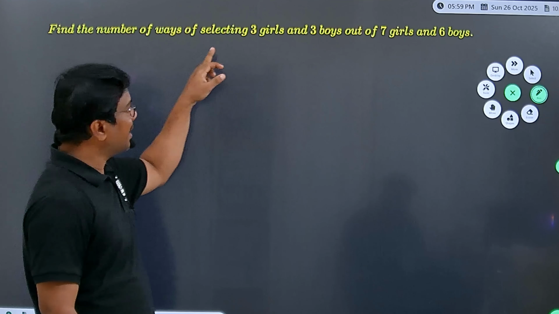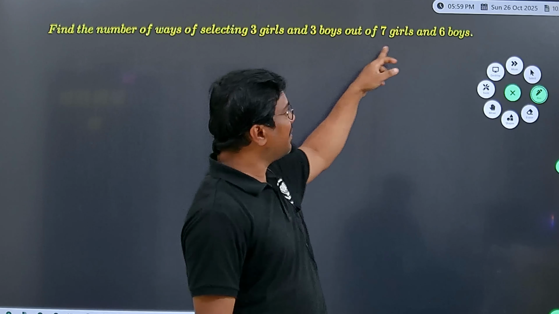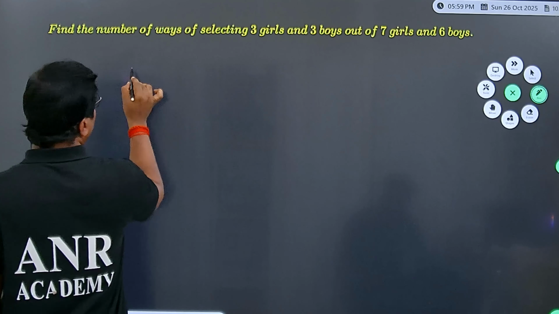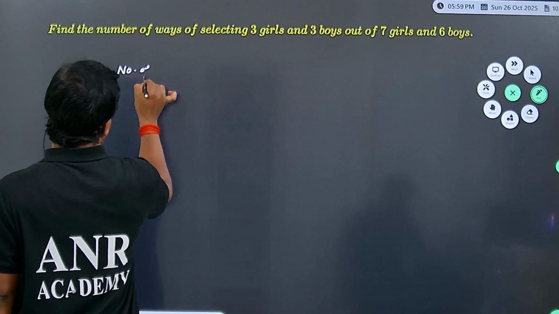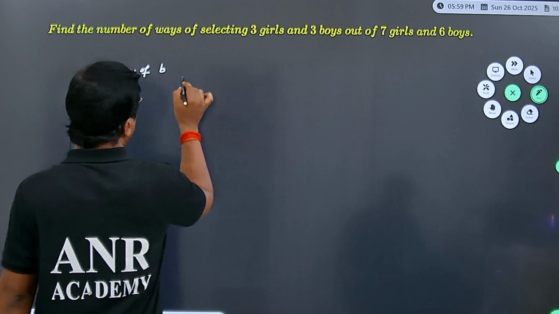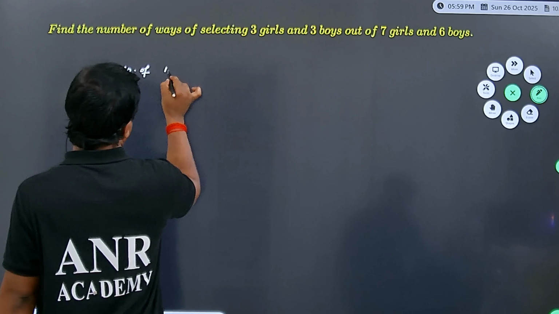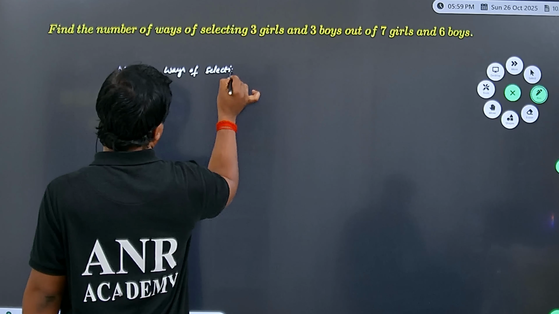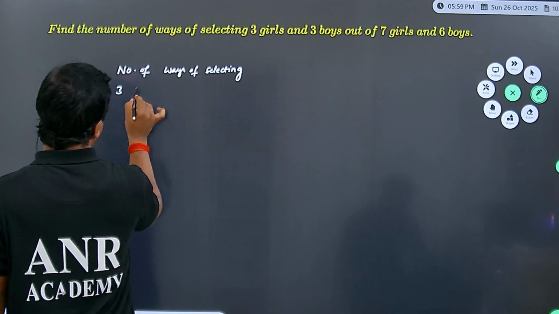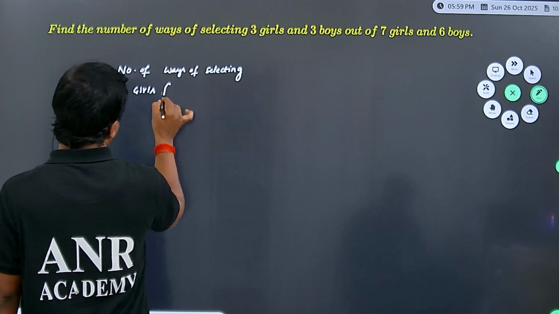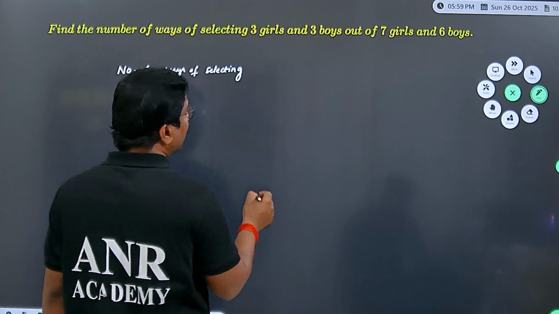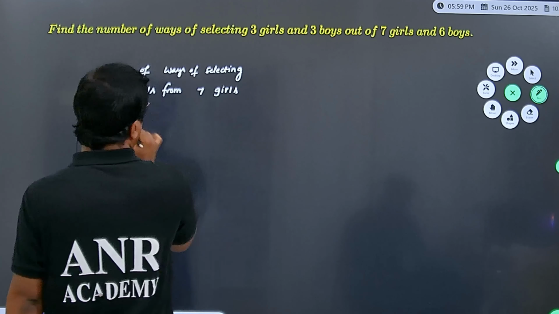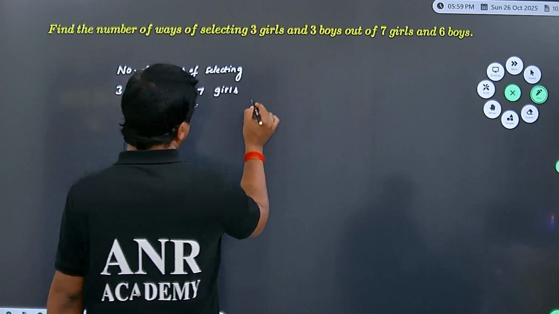Find the number of ways of selecting 3 girls and 3 boys out of 7 girls and 6 boys. First, I am going to write the number of ways of selecting 3 girls from 7 girls.